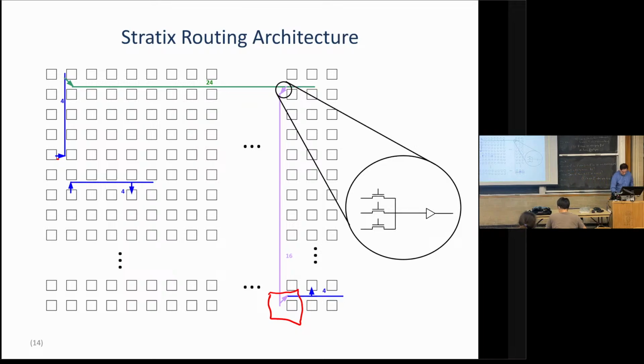If you look at certainly any of the Intel chips, and I think the Xilinx or AMD ones are the same, you'll find that the number of wires is divisible by its length. So the number of length 16 wires is divisible by 16. In Stratix, we had essentially one bundle, 16 of these and 24 of the others. And then we found that these were the resources that tended to get used up first.